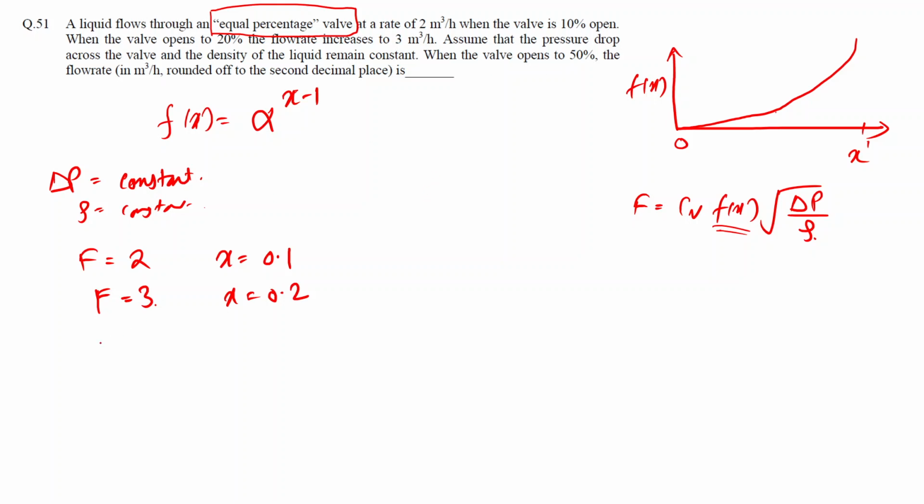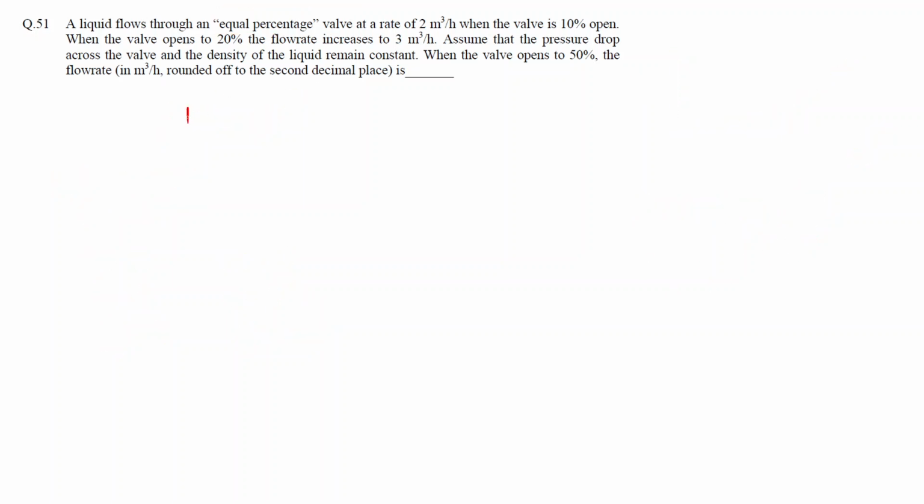And if the valve opens to 50%, that is x equal to 0.5, we have to find the flow rate. Now we can simply write this equation as f is equal to alpha raised to x minus 1. There will be some constant that will eventually get cancelled out.